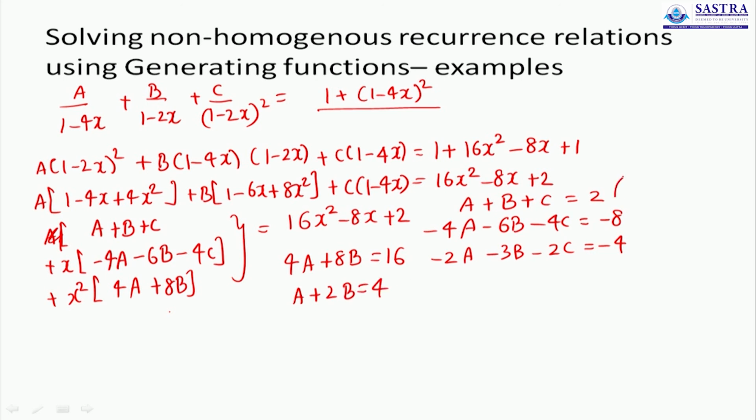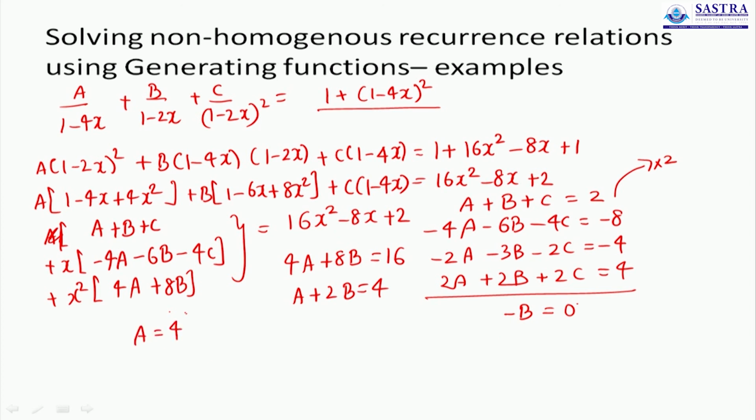Now if I multiply this equation by 2, I can eliminate c. So 2a plus 2b plus 2c is 4. I will just add the 2. So a gets eliminated, c also gets eliminated, I get minus b is equal to 0. So if b is 0, a is easily 4, and if a is 4 and b is 0, I can get c to be 4 plus 0 plus c is 2, or c is going to be minus 2.